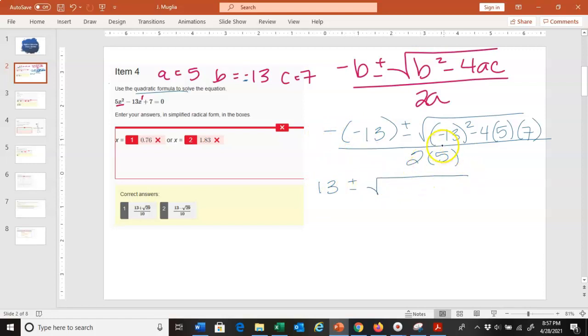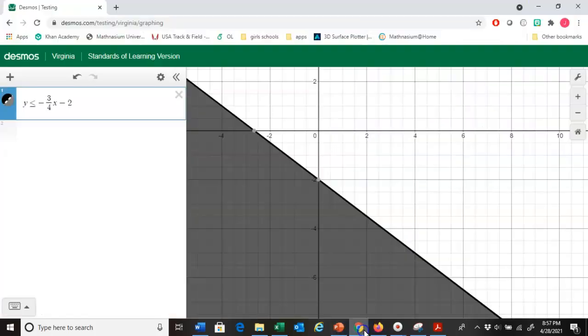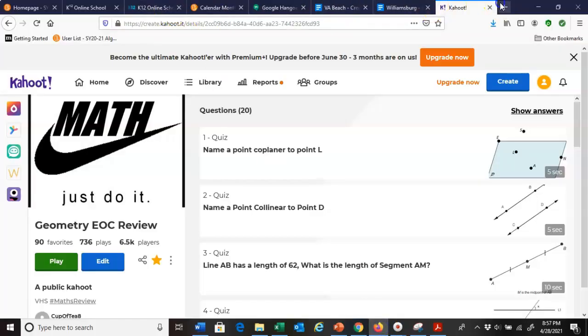Here's where I would use my calculator, like negative 13 squared. I have no idea what that is. So let's go to our Desmos. Hopefully my Desmos will work. Wake up, Desmos. Okay, so that's not working for some reason. Let's open it on here.